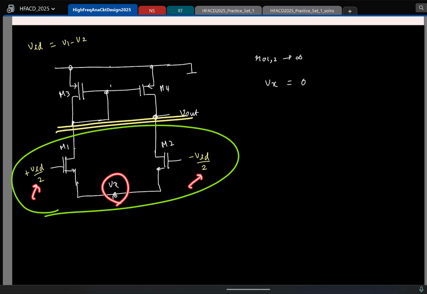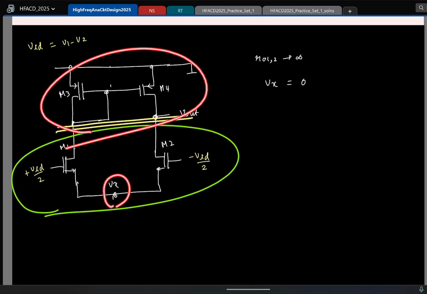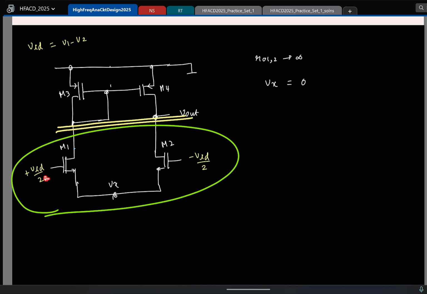But the argument is this: we couldn't say Vx to be 0 because of the asymmetry here, and only the R0 of the transistors were passing on the information of this asymmetry to the node Vx. If I ignore it, this node will have no information of what's happening here. All it will see is VGS, that's it. So in this case, Vx is 0, so I can make simplifications.